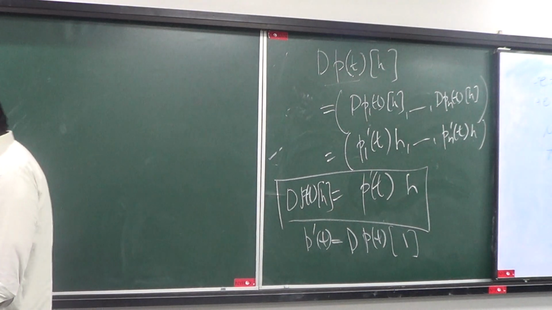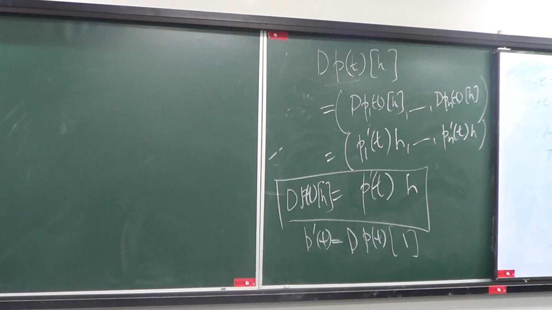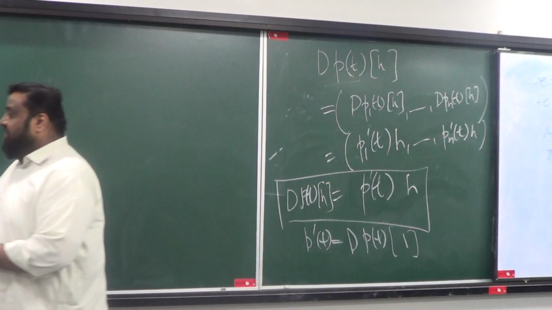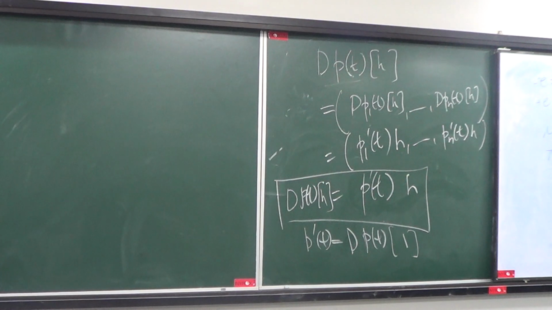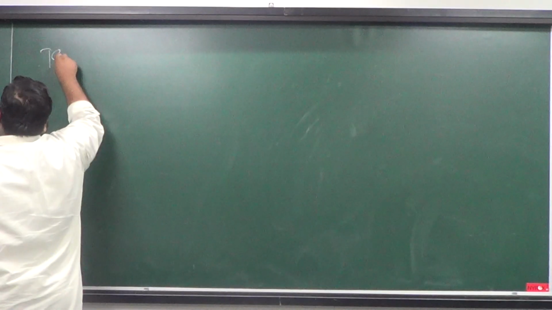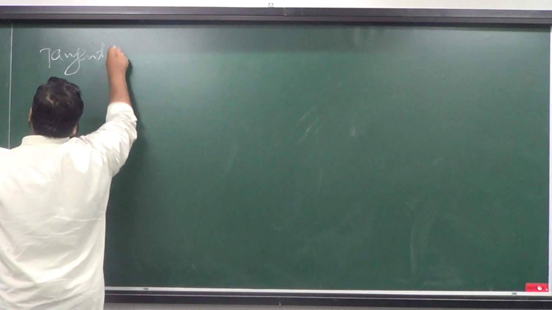How do you define velocity actually? If p of t is representing the position of the particle at the time t, how do you define the derivative actually? Okay, so what you're going to say is, define what we call tangent vectors.